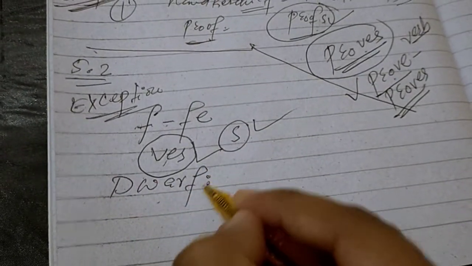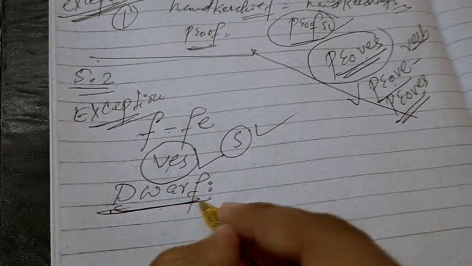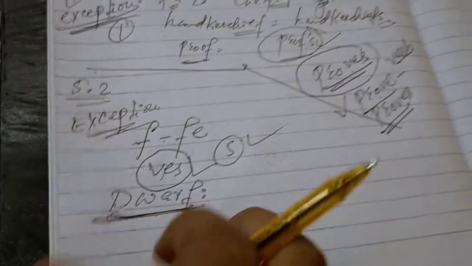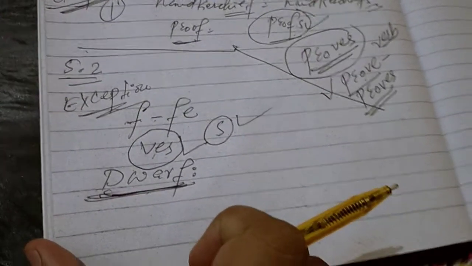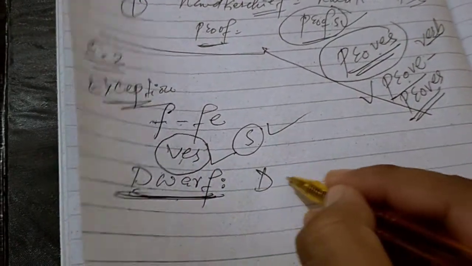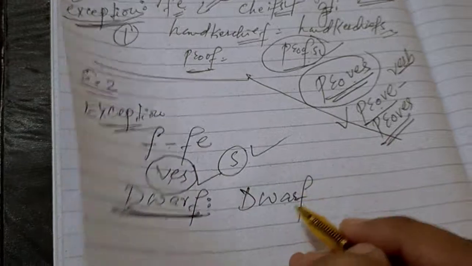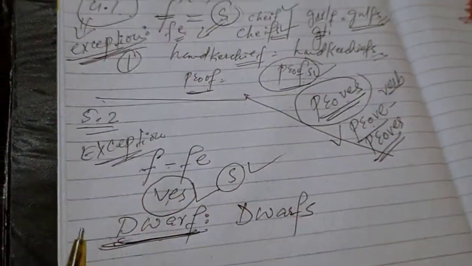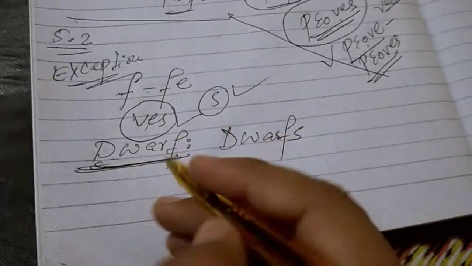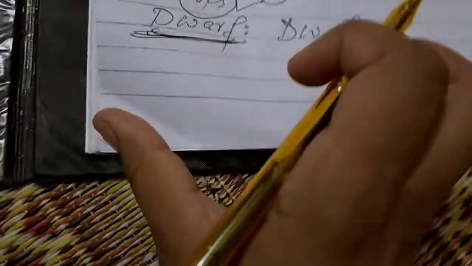Dwarf means वो बंदा जिसकी height कम होती है. So this is how dwarf, और dwarf का plural दोनों ways में हो सकता है. आप dwarf लिखकर उसके साथ अगर हम s मिला देंगे तो भी हमारा वो plural बन जाएगा, या फिर हम f को काट कर ves भी अगर लगाएं तो भी सही हो जाएगा.